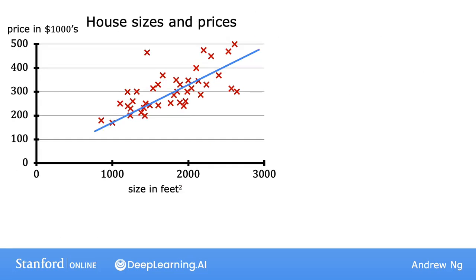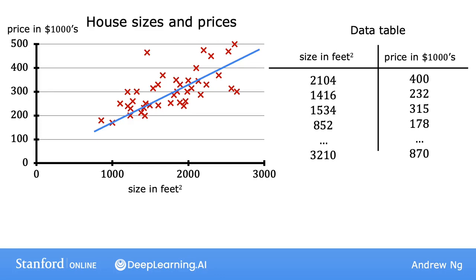In addition to visualizing this data as a plot here on the left, there's one other way of looking at the data that would be useful, and that's a data table here on the right. The data comprises a set of inputs. This would be the size of the house, which is this column here. It also has outputs. You're trying to predict the price, which is this column here.